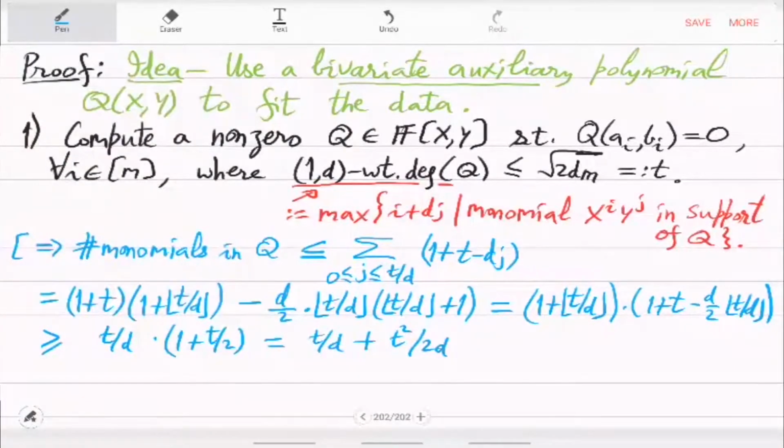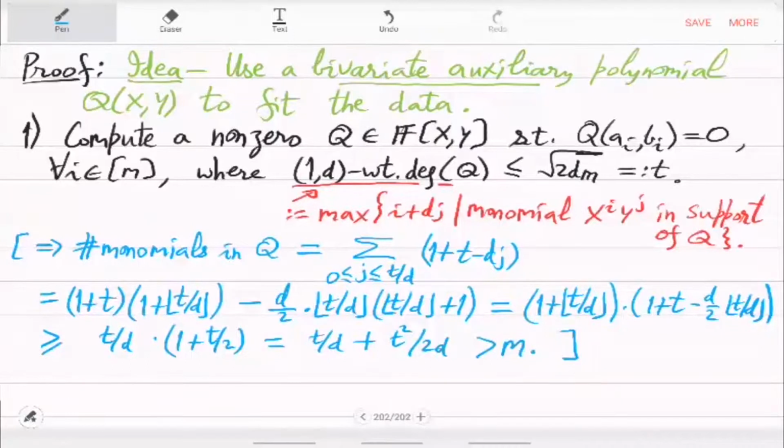So you get more than m. So the number of monomials is, sorry, let's make it like this, equal.